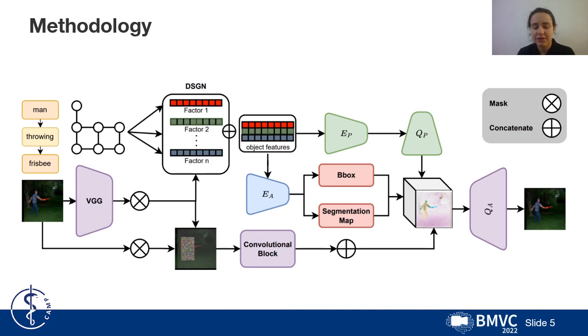And the second disentanglement part is done through a variational autoencoder. We have two variational autoencoders. One encodes the features for the appearance of each object, and the other one encodes the pose features. And we have a decoder.